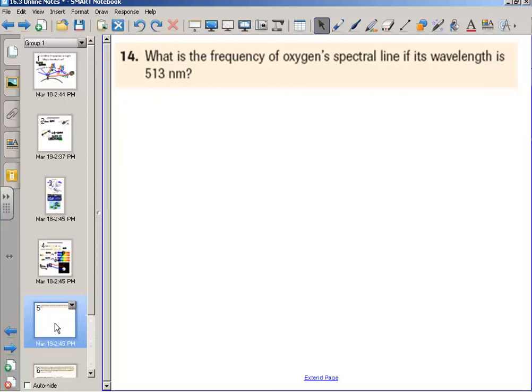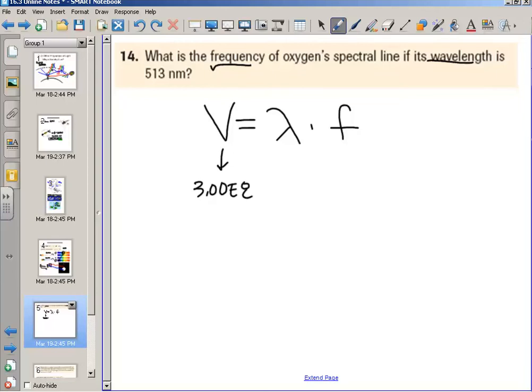Last, how do you relate frequency to wavelength? Well, this goes back to last chapter and the chapter before. You just plug everything in right here. The velocity is the speed of light. The wavelength is 513. Now be careful. This is in meters per second, so we have to make sure that this is in meters.